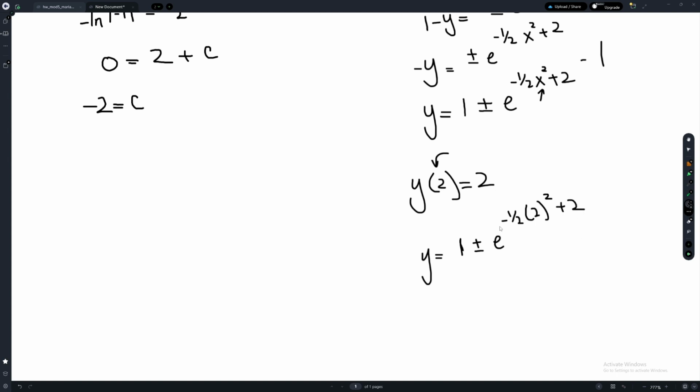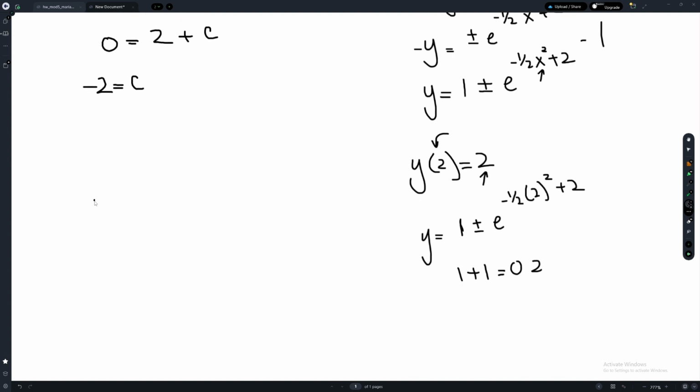Now if we simplify, 2 squared becomes 4. 4 times the half is negative 2. Negative 2 plus 2 is 0. So e to the 0 is just 1. And now we're doing 1 plus or minus 1. But that doesn't add up, because 1 minus 1 is 0, and that's not what we had here. So this has to be a plus for us to get 2, which confirms this.